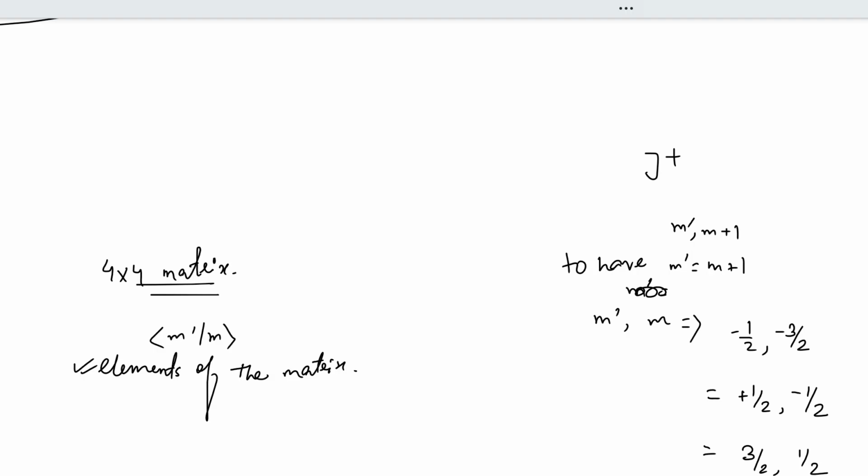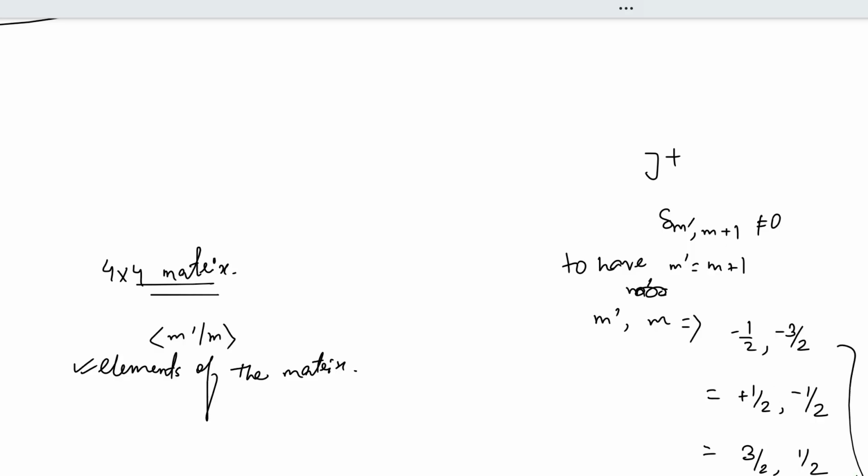Similarly, j minus is delta m prime, m minus 1, and this will be non-zero only when m prime equals m minus 1. That means the possible combinations of m prime and m will be minus half, plus half, just the reverse sign of this, or minus 3 by 2, minus half, or half, 3 by 2.